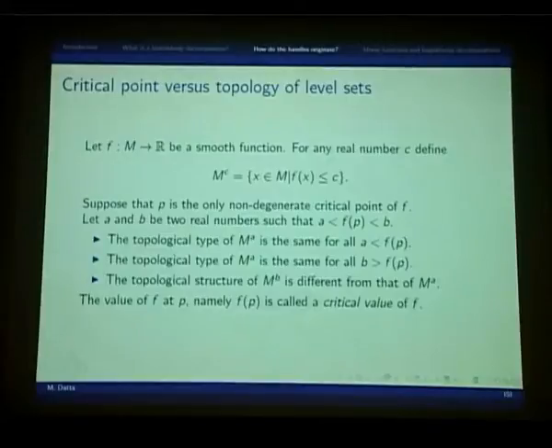On the other hand, the topological type of MB is the same for all B strictly greater than f of P. So if you keep B strictly greater than f of P, then the level sets MB will again have the same topological type. But as you pass from A to B, there is a change in topology. The topological structure of MB is different from that of MA. This will be explained in the next example.